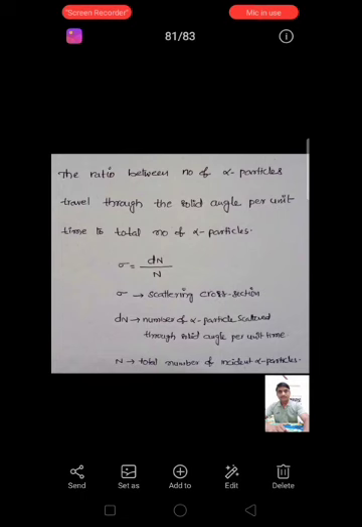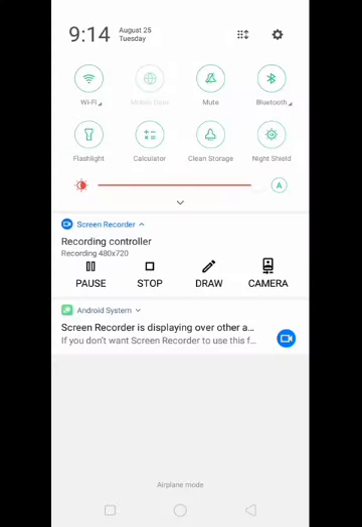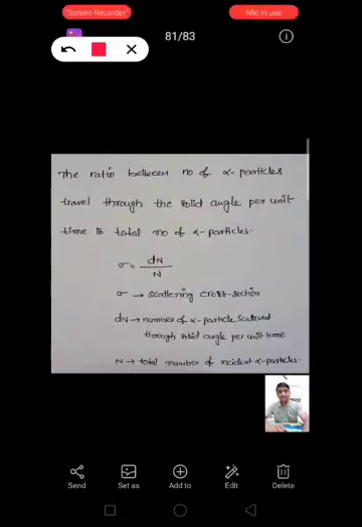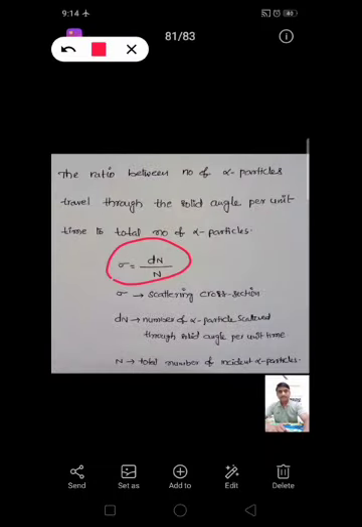So here sigma is equal to dN by N. Sigma is the scattering cross section, dN is the number of alpha particles scattered through solid angle per unit time, and N is the total number of incident alpha particles. So this is about scattering cross section.